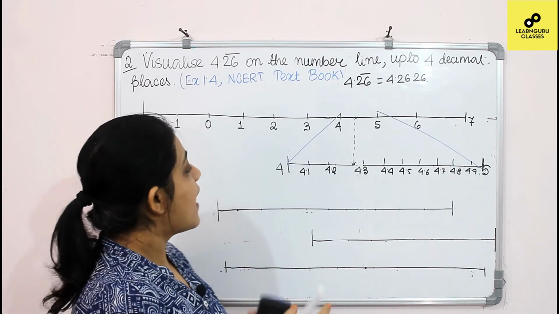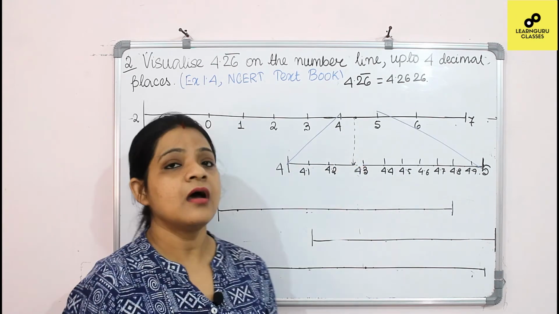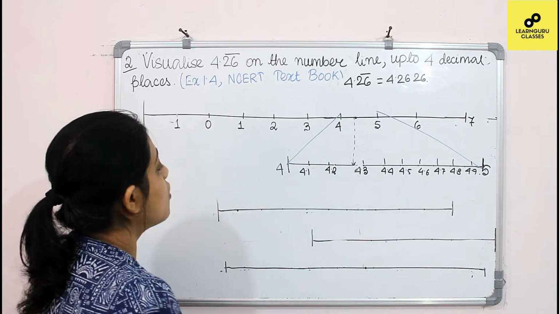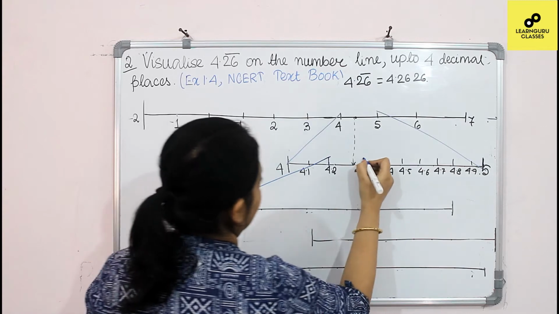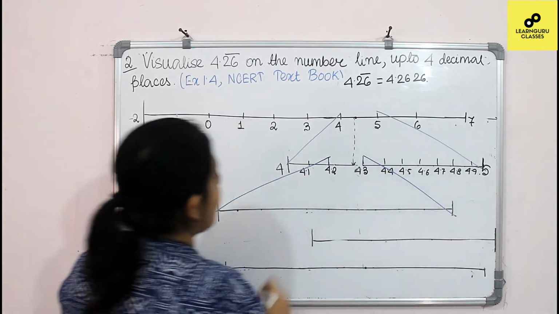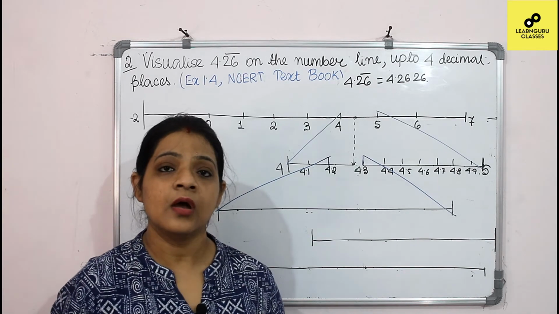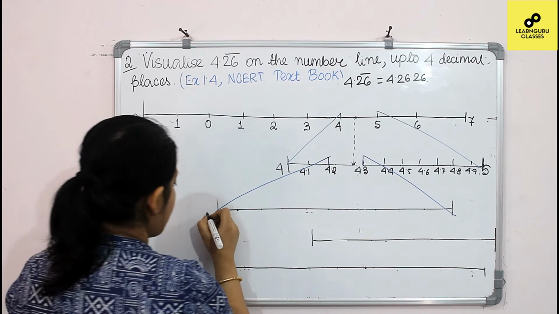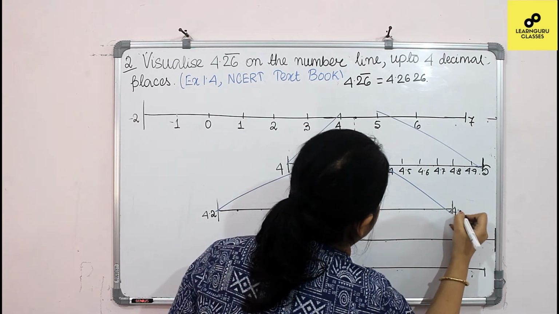Now again let us magnify or enlarge the area between 4.2 and 4.3, which is shown in the third number line. This is the third number line, which gives you an enlarged version of the space between 4.2 and 4.3. So this is 4.2 and this is 4.3.